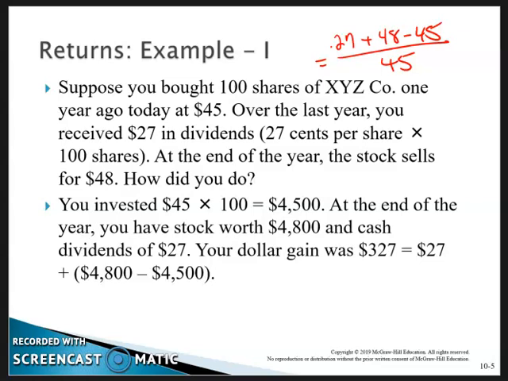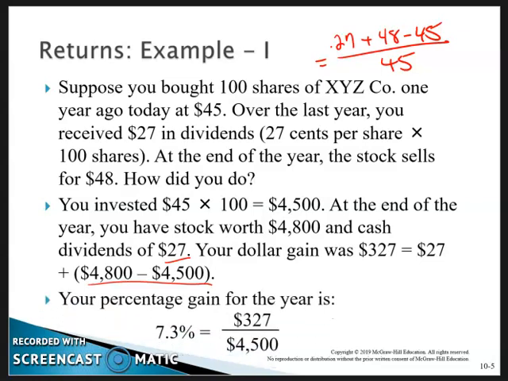That's $27 in dividends and then $300 in capital gains. So your percentage gain for the year was 7.3%, which you would get the same answer here. This would be 0.073 or 7.3%. So anyway, I just find it easier not to mess with the shares. It's just an extra calculation.